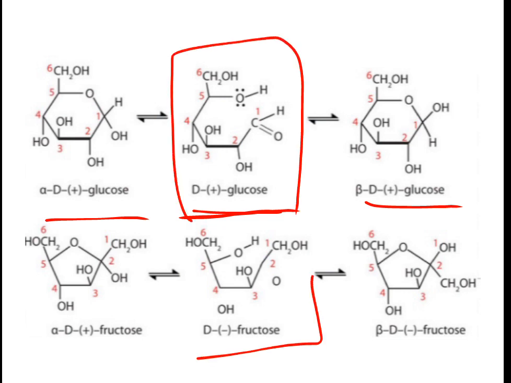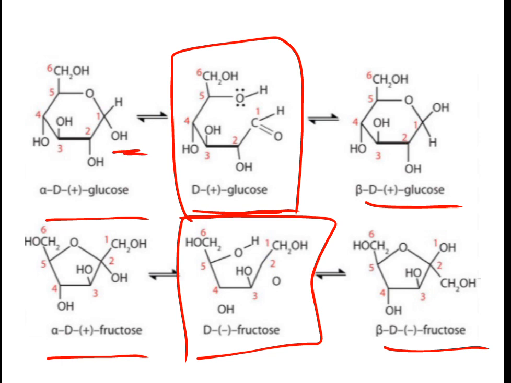And in case of D fructose, similarly you are getting alpha D fructose and beta D fructose. Just take a look. In case of alpha D glucose, the OH is in the opposite side of this CH2OH. In case of beta D glucose, the anomeric OH is in the same side of this CH2OH.